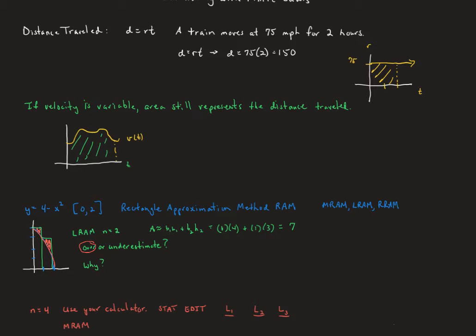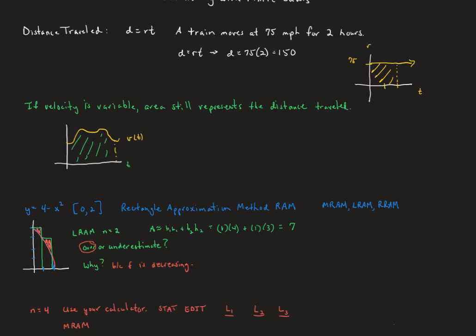That's the only acceptable answer there. It's true that the function is concave down, but that is not what's causing it to be an overestimate. Not with rectangles; it will be with trapezoids.